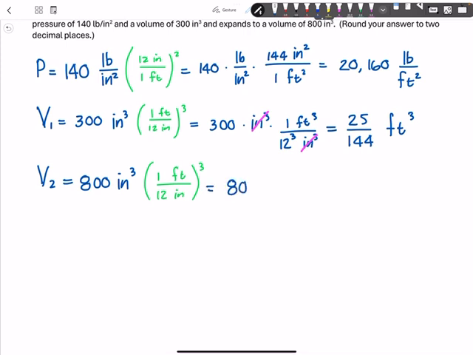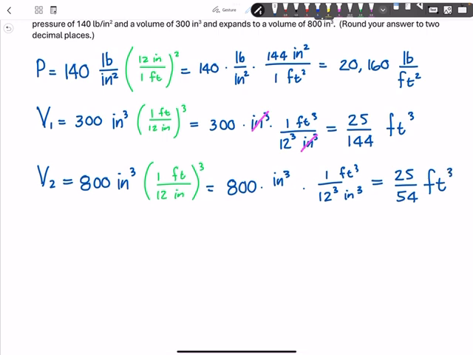So I have 800 inches cubed times 1 over 12 cubed, and this will be feet cubed over inches cubed. This gives me a value of 25 over 54 cubic feet.